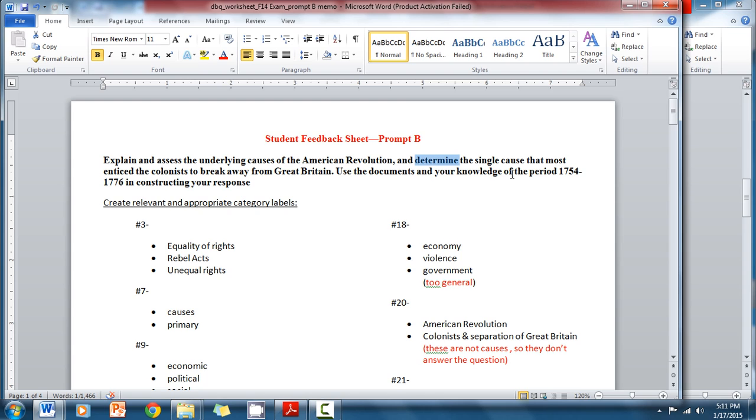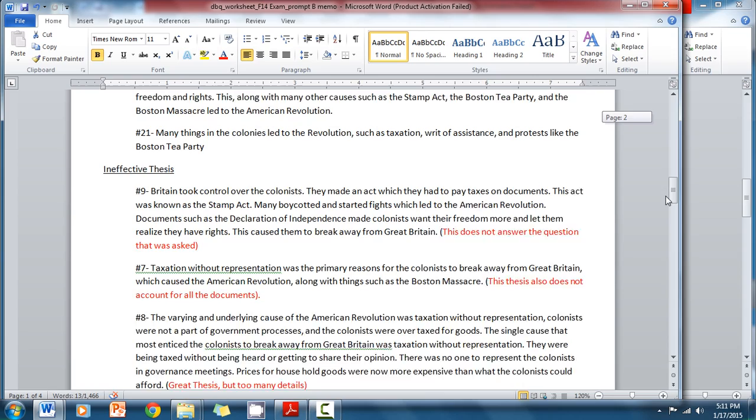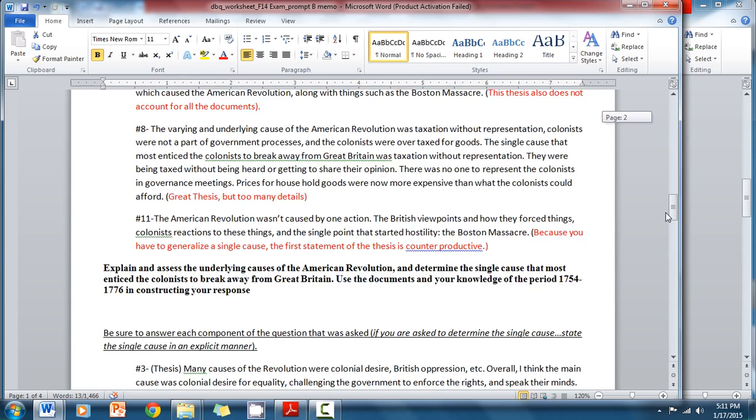What was the single cause that most enticed the colonists to break away? The prompt kind of corners you and forces you to acknowledge some category of causes that had more weight or more influence. So you have to do that. It's a judgment. You're not stating fact.